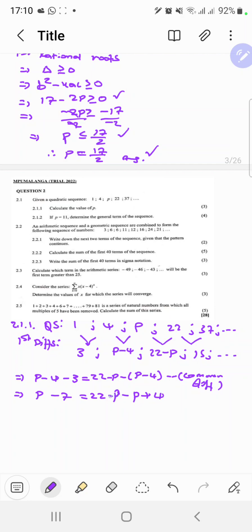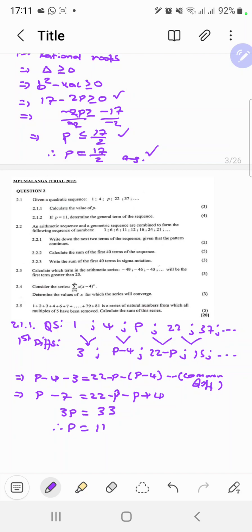So these will add up and give us a minus 2p, which when you combine with that one, when you finally transpose, we get 3p is equal to, and then we have to work out what that will be. So this becomes essentially 33, right? And then it tells us that our p is going to be 11.